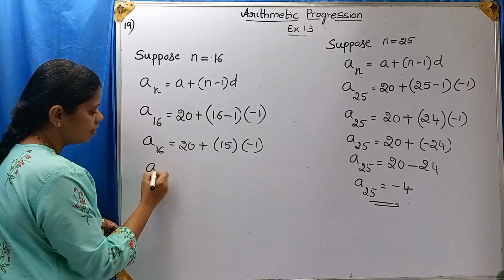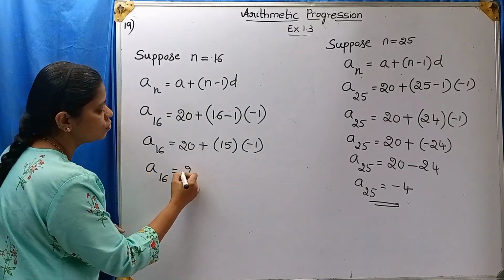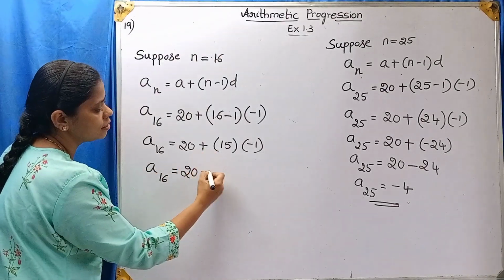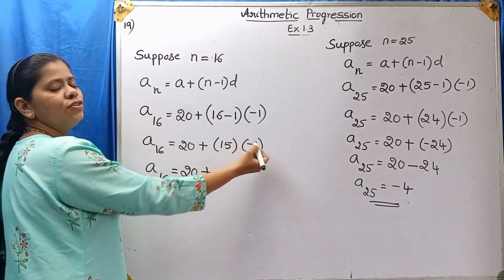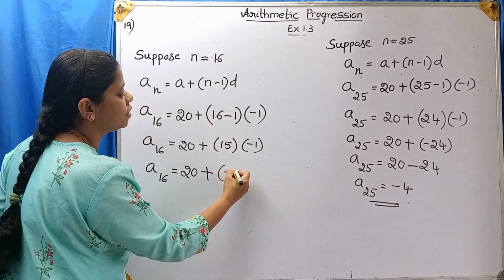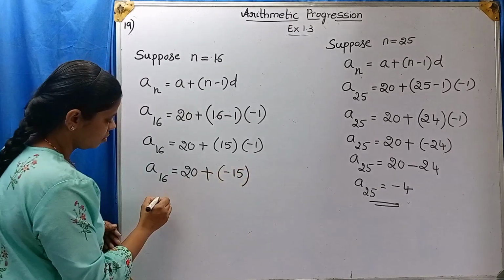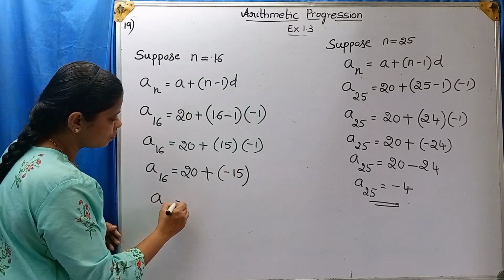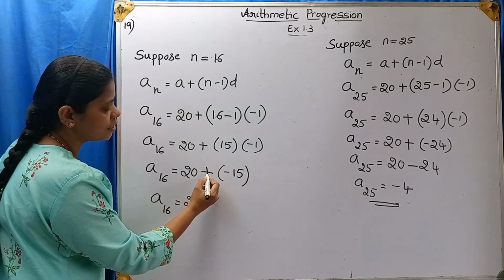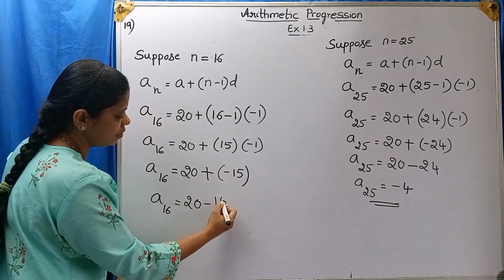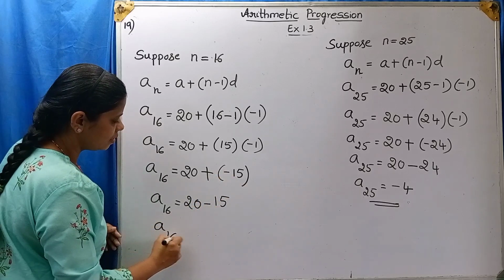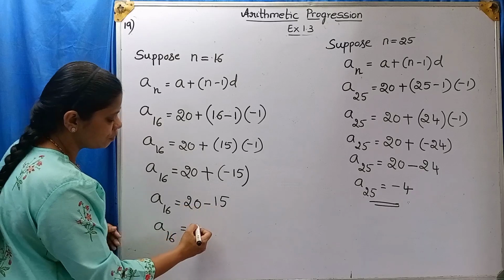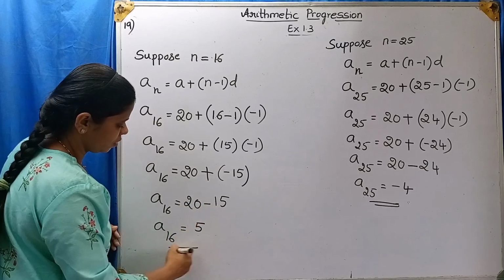Okay, a16 is equal to 20. For this plus, let me write plus 15 into minus 1 is minus 15. a16 is equal to 20, plus into minus is minus 15. a16 is equal to 20 minus 15 is 5.